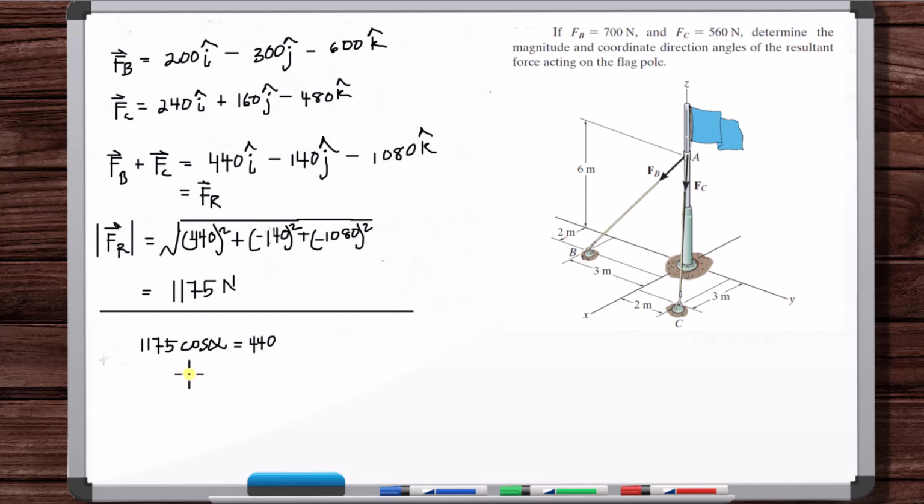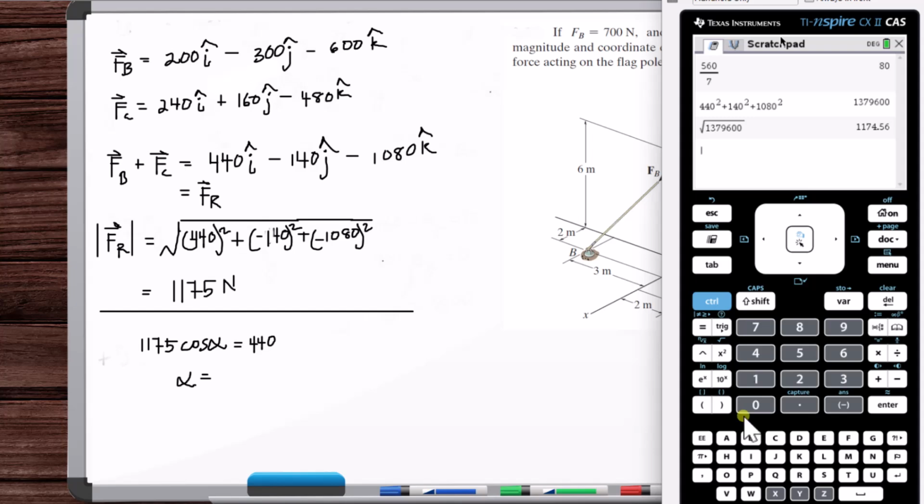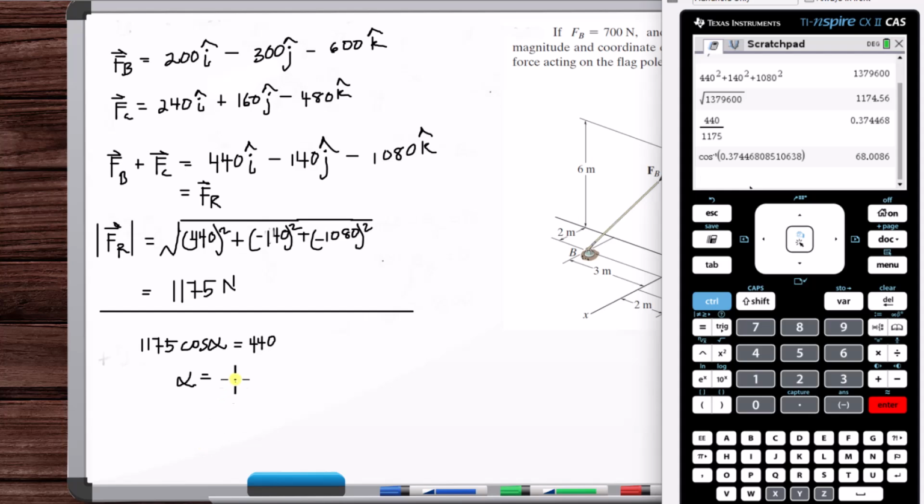So alpha is the arc cosine of 440 divided by 1175, which is 68 degrees.